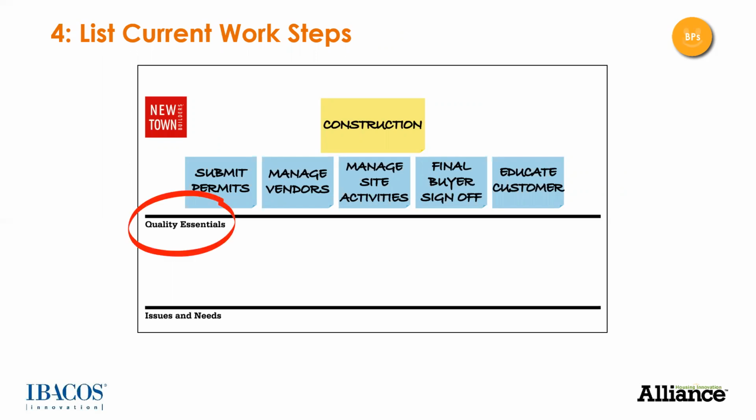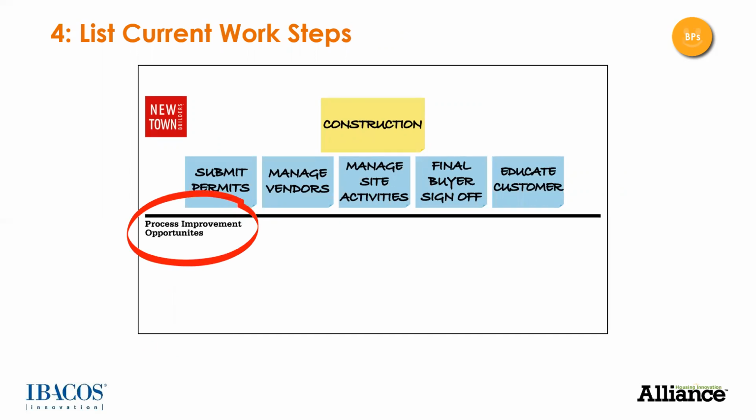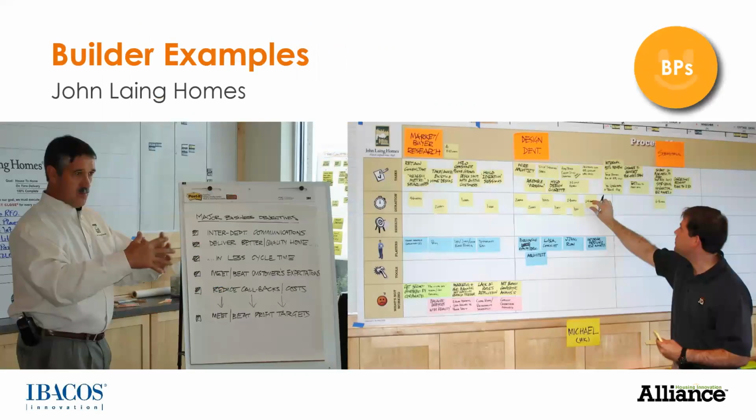They wanted to analyze their whole process and improve the quality. So the brainstorming would be, what are the essentials for each of these? What issues have we got? And then what improvement opportunities are there? So I'm scanning that quickly just again to show how the generic one can be applied to a builder.